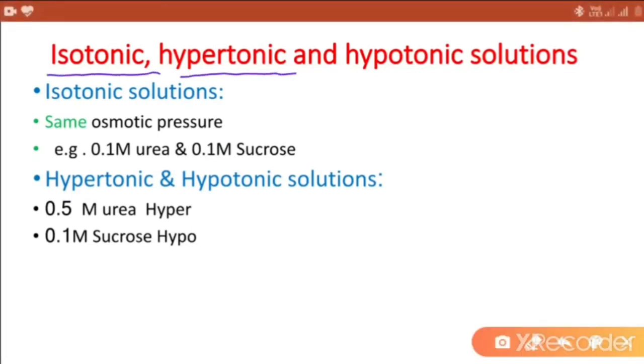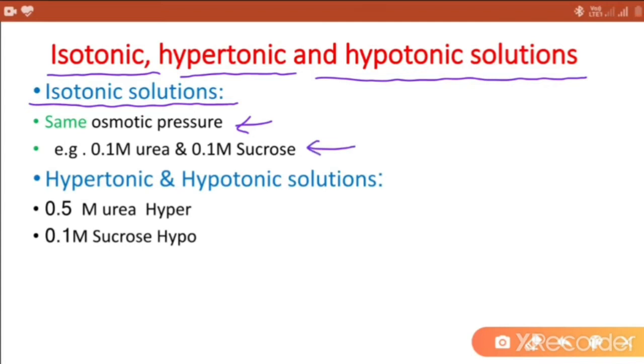Isotonic, hypertonic and hypotonic solutions. First, isotonic solutions. The solutions which possess the same osmotic pressure are called isotonic solutions.